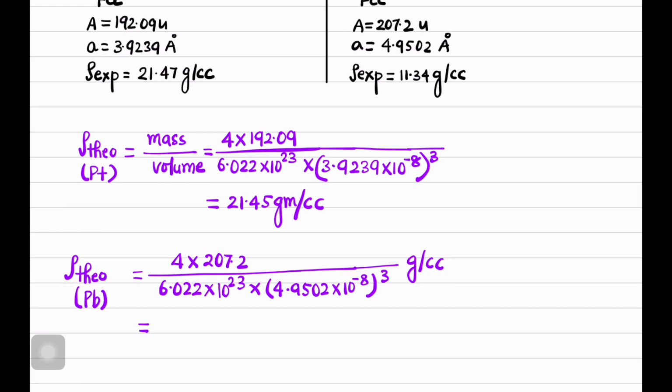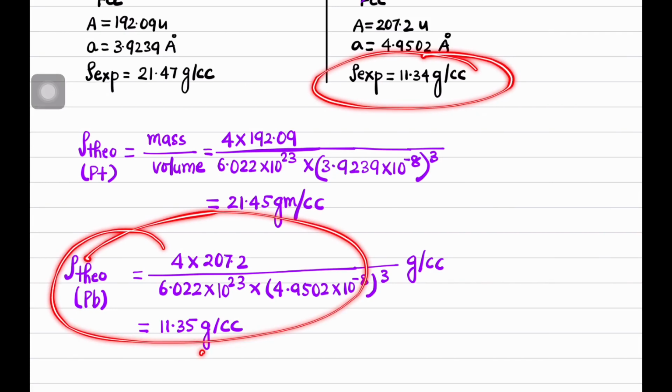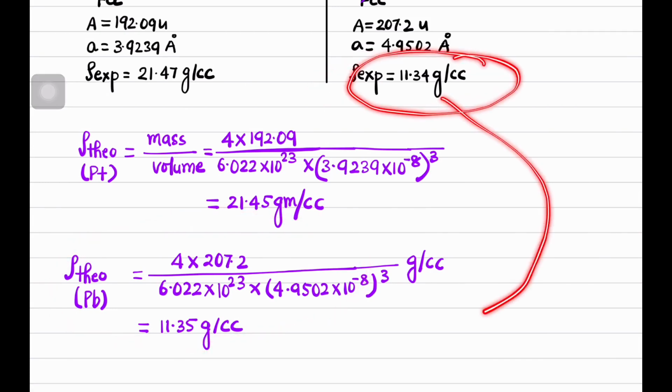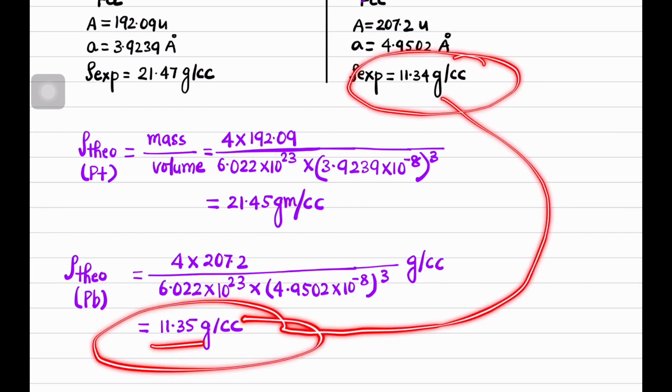After substituting all these values and solving using the calculator, we get the density to be 11.35 gram per cc. If we compare the theoretical density of lead with the experimental density, one is 11.34 and this is 11.35.